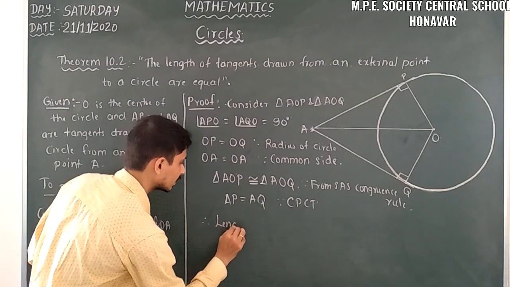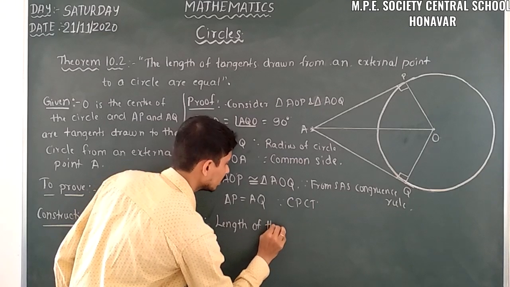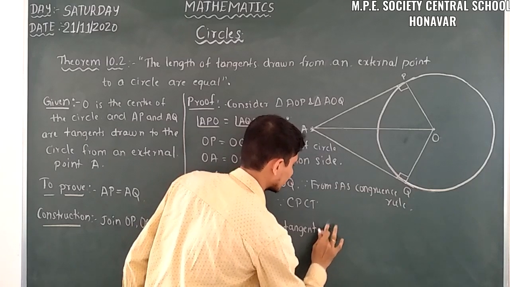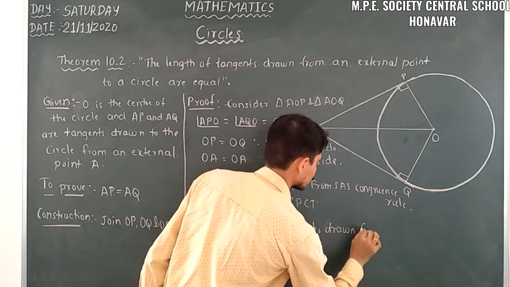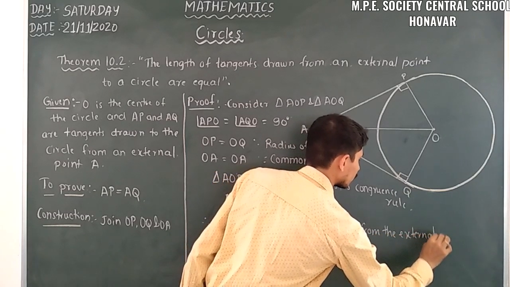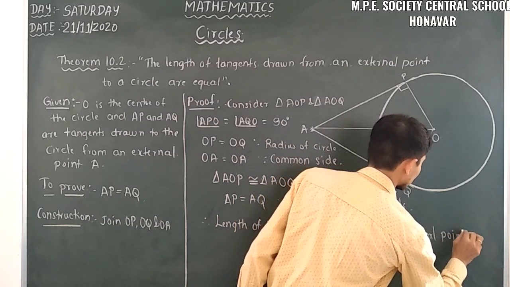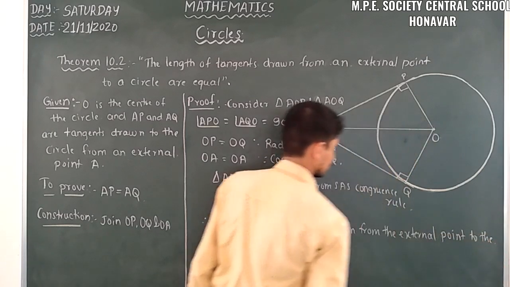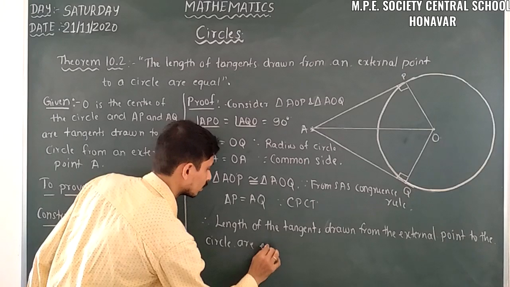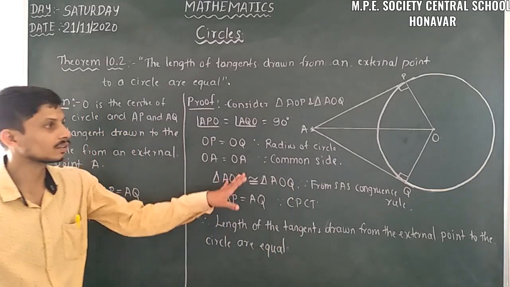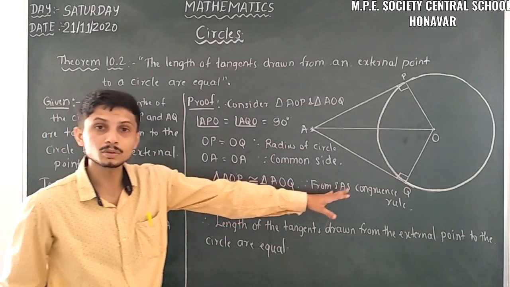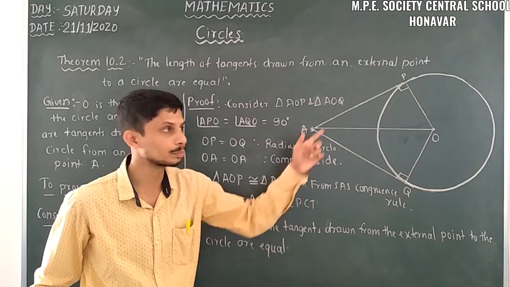Therefore, the lengths of the tangents drawn from an external point to the circle are equal. So we have the conclusion here. We solved this using the congruence rule; with the help of congruency we proved this.